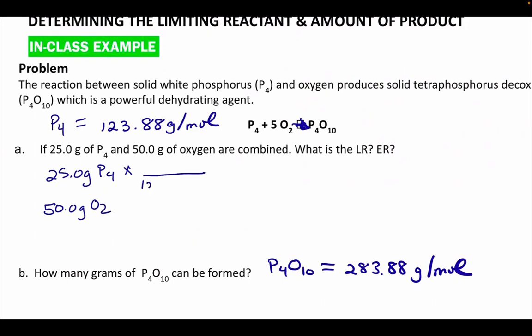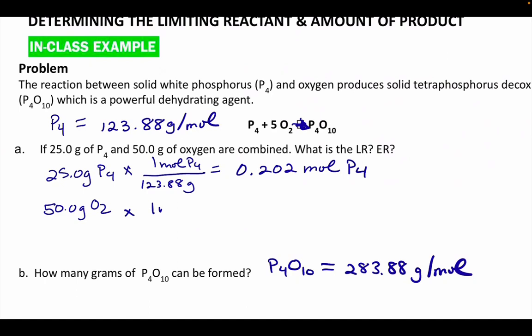And I'm first just getting to moles of P4. So I have 0.202 moles of P4.